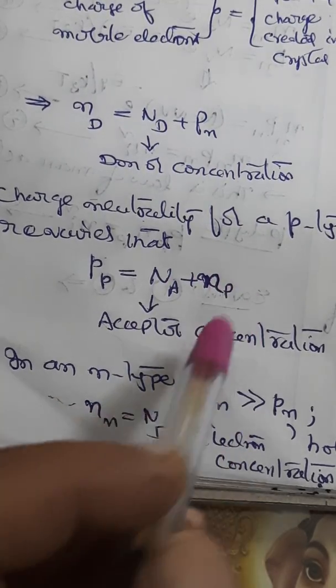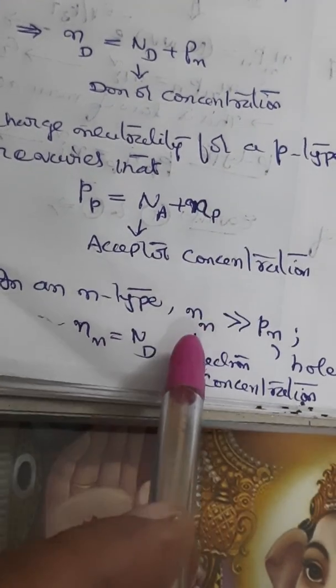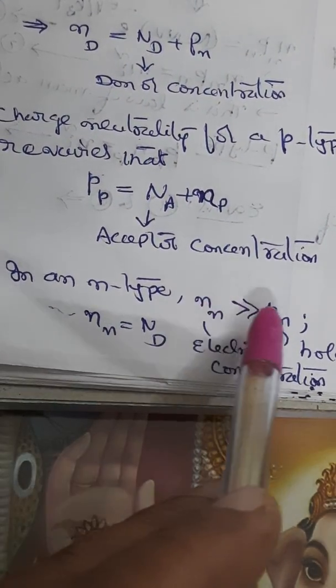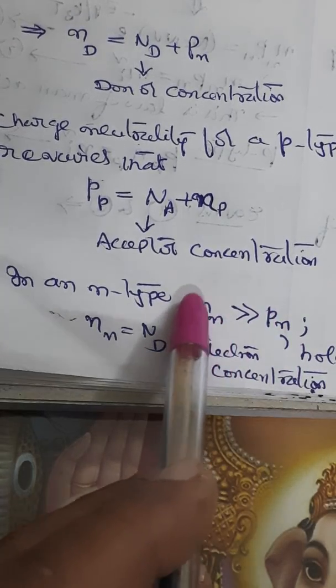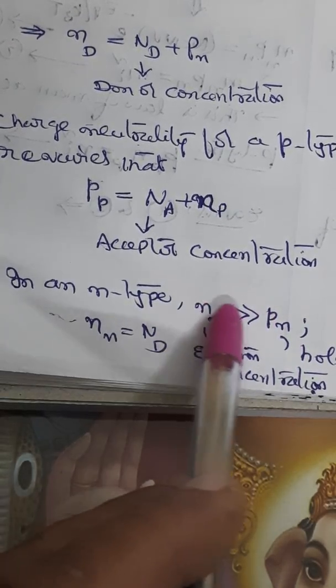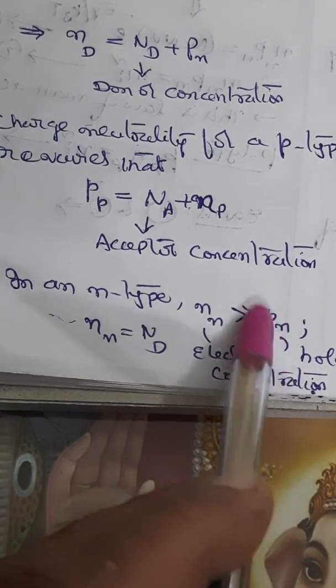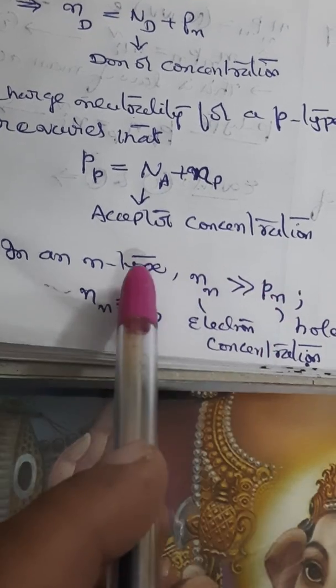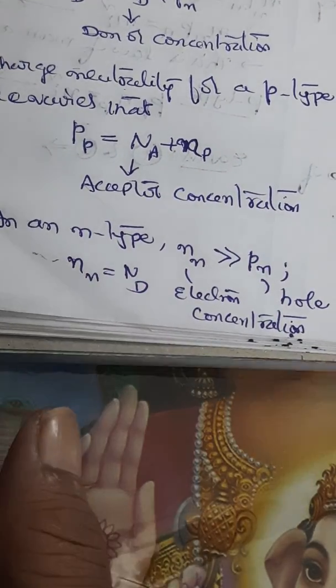But generally we know that in an n-type semiconductor, electrons are majority carriers, and holes are minority carriers. Therefore, the concentration of electrons is much greater than the concentration of holes. So from that equation, you can equate it approximately like this.